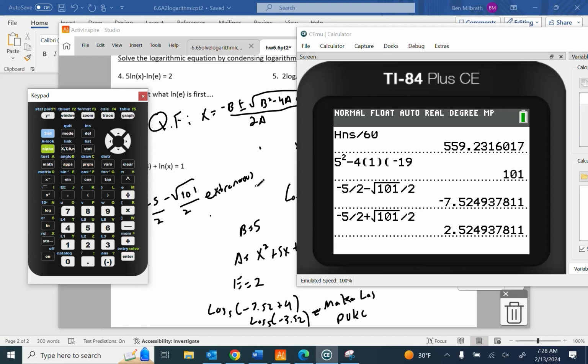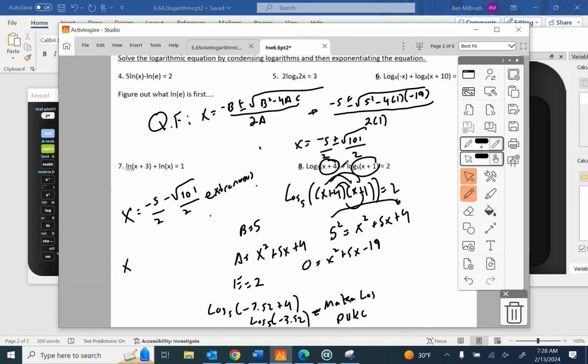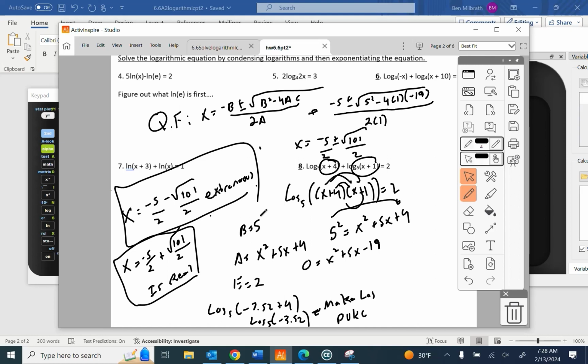Logarithms like positive numbers. And I'm going to have positive things in here. So the other one, x equals negative 5 halves plus root 101 over 2, is real. They both matter. And there is number 8. Cool, done with that page. Moving forward in my life.